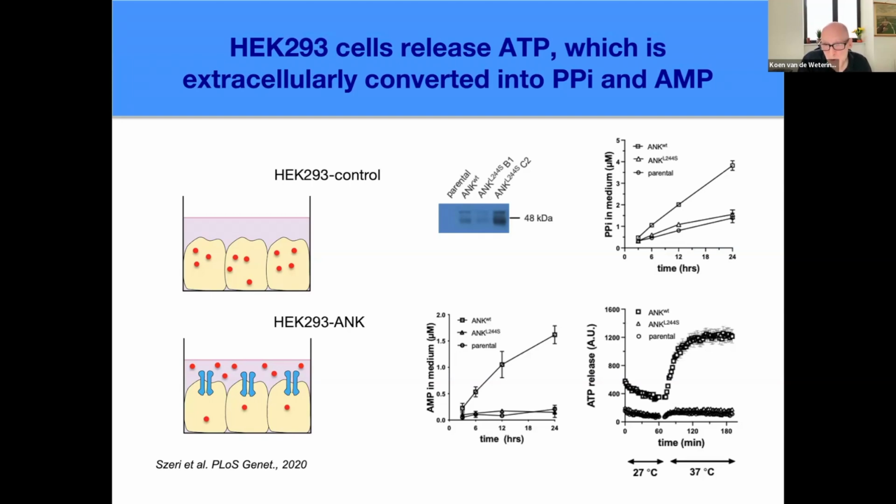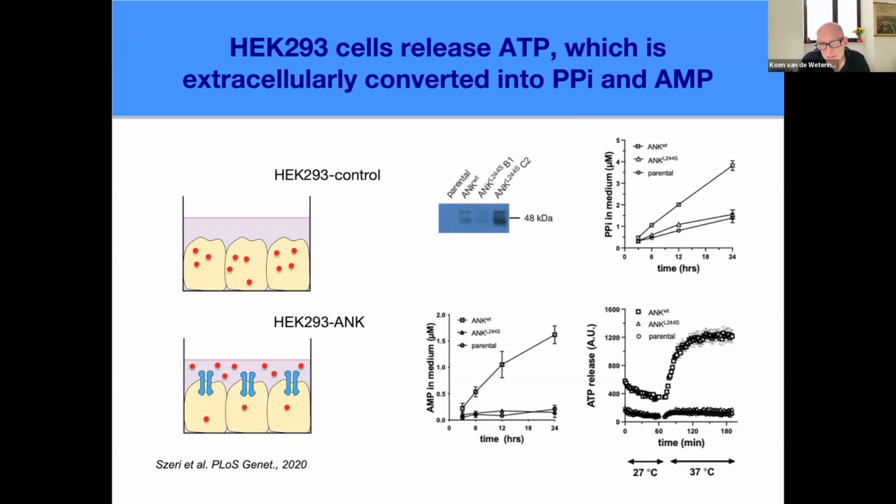And similar to what happens after ATP was being released via ABCC6, also for the ATP released by ENK, the ATP was then converted into AMP and pyrophosphate. And this is the most important part of this story, obviously. So also ENK is involved in the regulation of extracellular pyrophosphate levels.